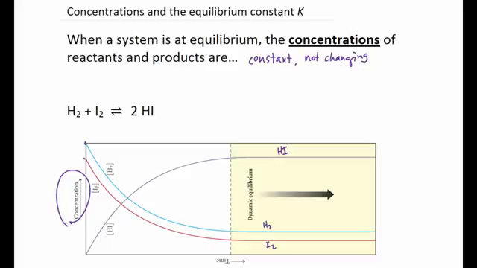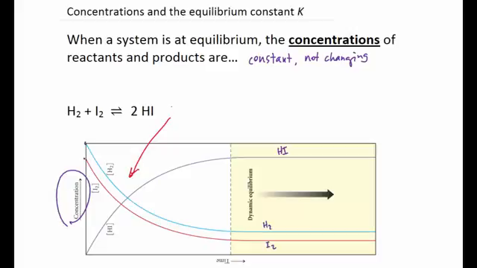What's kind of interesting, and useful for us to consider, is that this part of the graph is what we studied last chapter: when the reaction starts and how the concentration changes from the start.